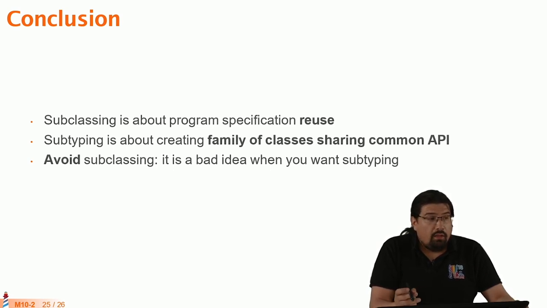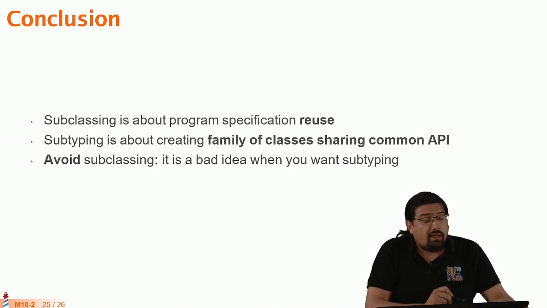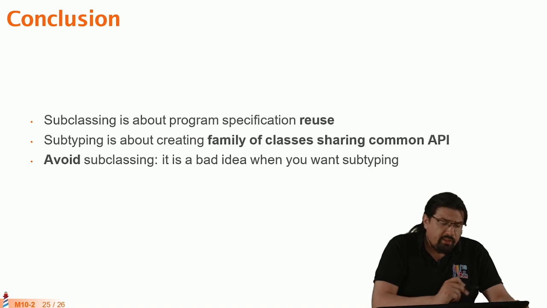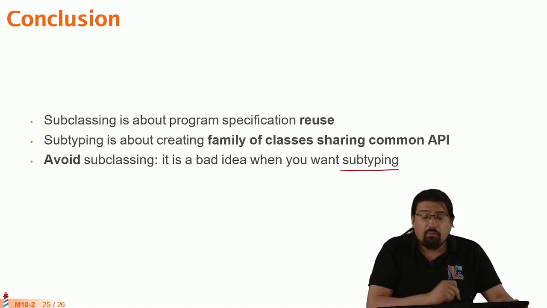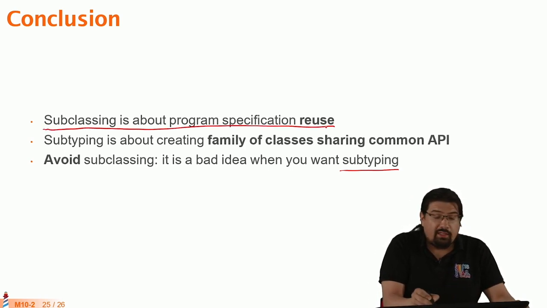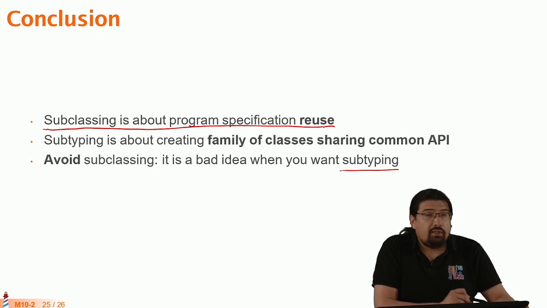We can have subtyping without subclassing, but whenever we subclass, we are subtyping. So we have to pay attention to that. Not always when we want to reuse code are we going to use subclassing. So when we only want subtyping, when we only want the common API, it's better to avoid subclassing. We need to use subclassing when it's for reusing program code.